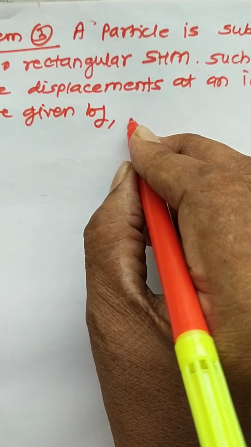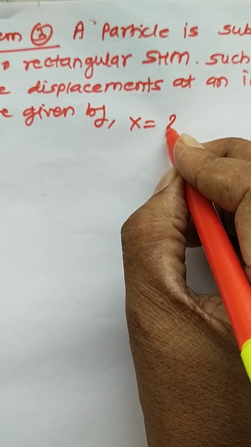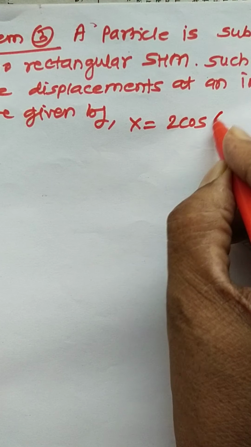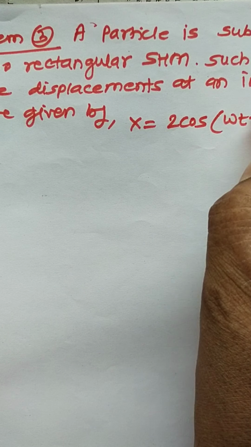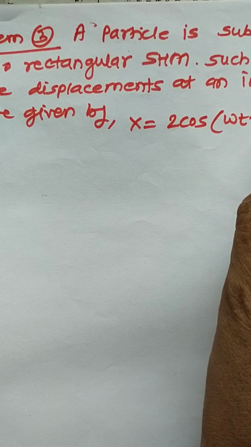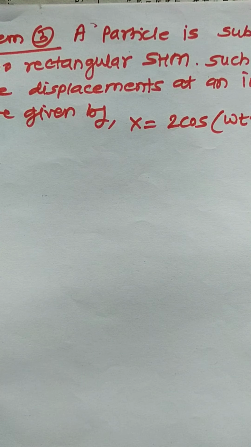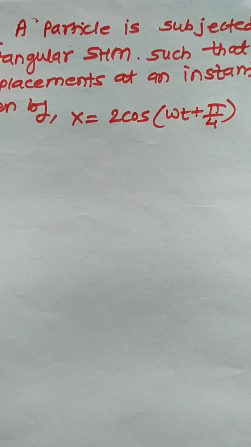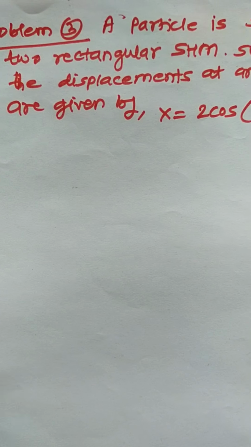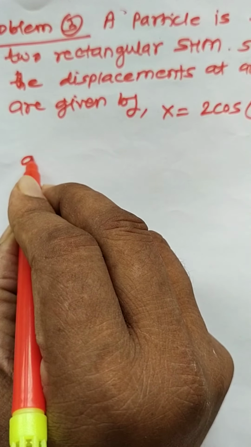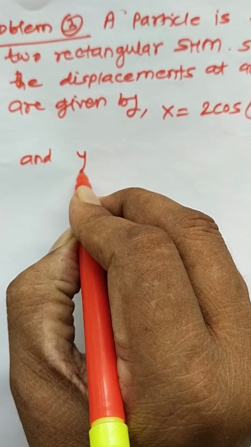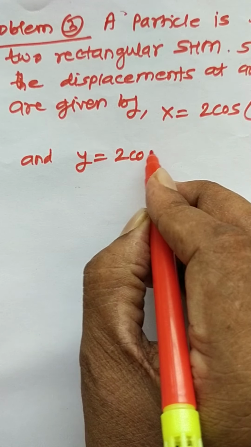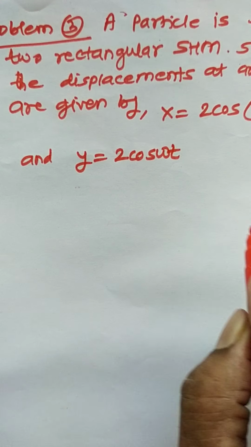x is equal to 2 cos omega t plus pi by 4 and y is equal to 2 cos of omega t.